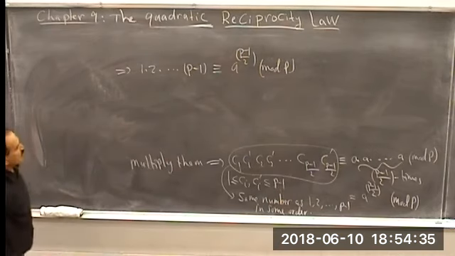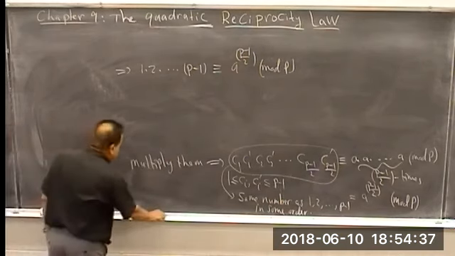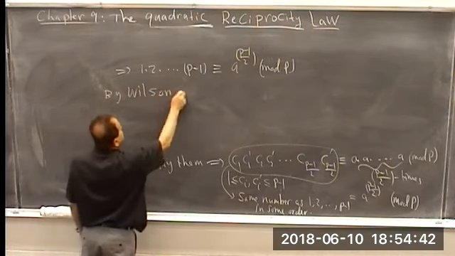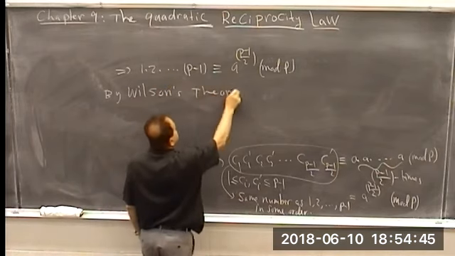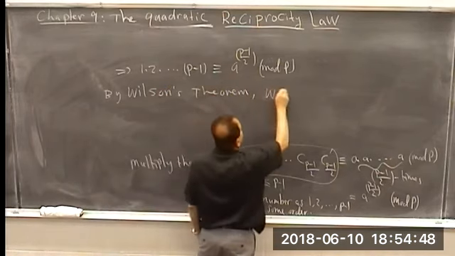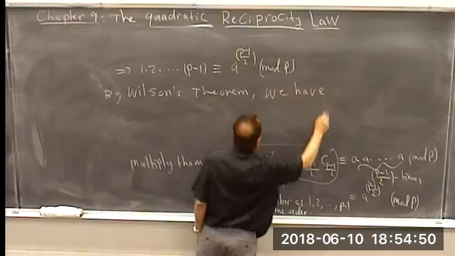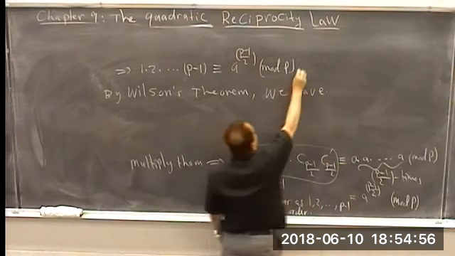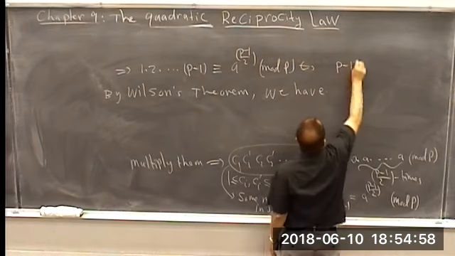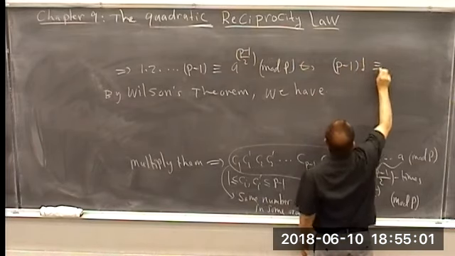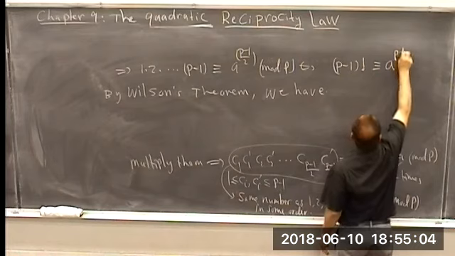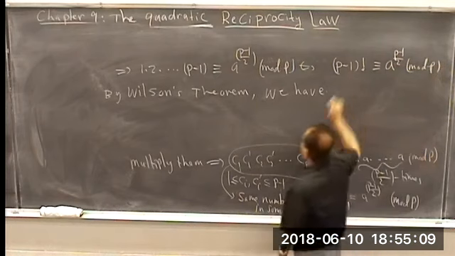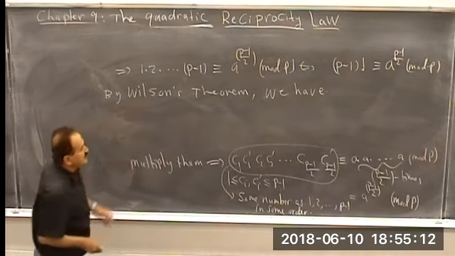Now we're going to invoke Wilson's theorem. We have this product, which is nothing but, remember, this is also equivalent to saying that P minus 1 factorial is congruent to A to the power P minus 1 over 2 mod P. The left-hand side, by Wilson's theorem, is congruent to negative 1.